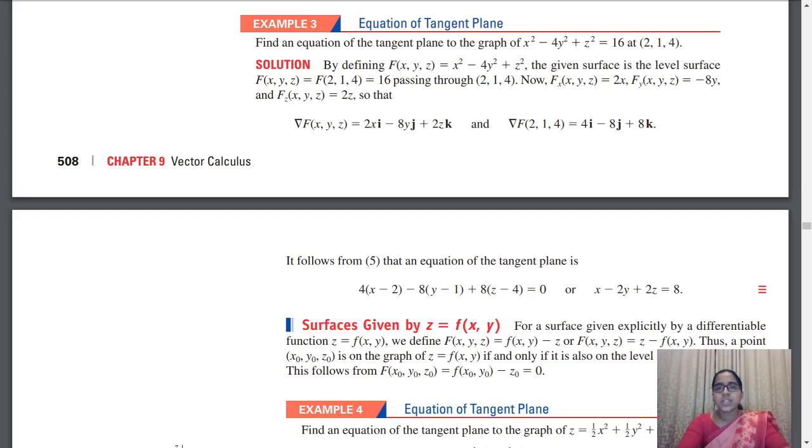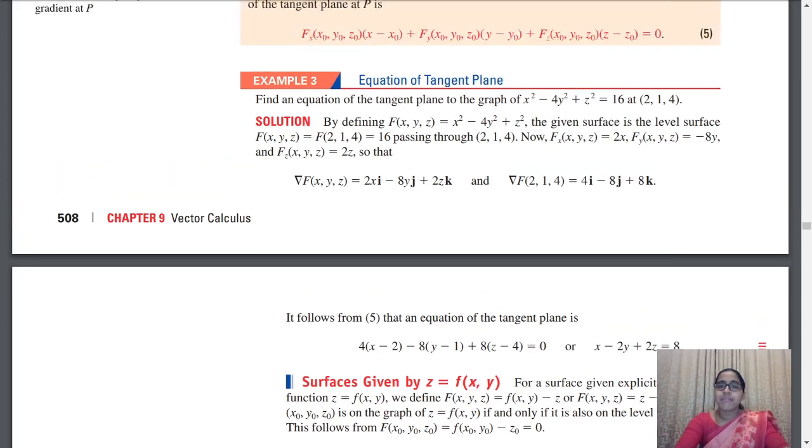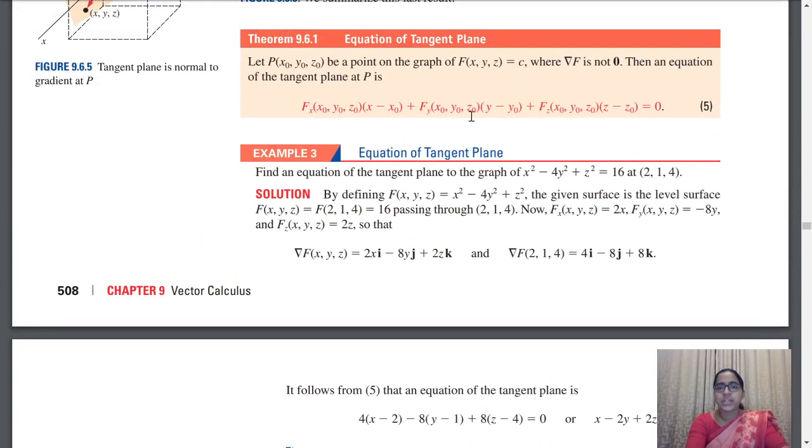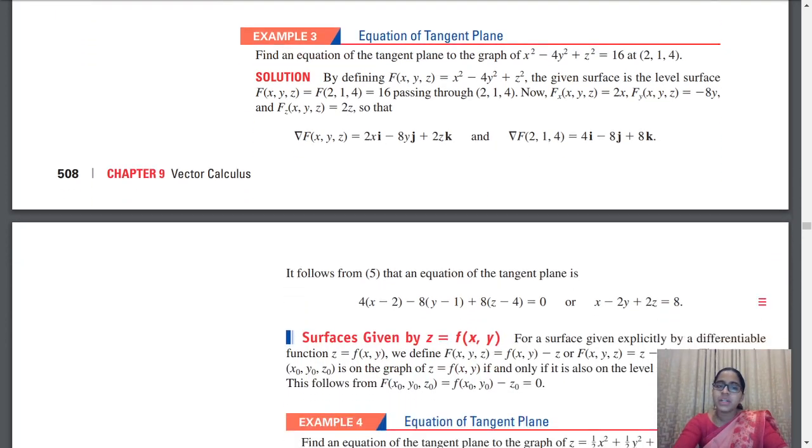Then using the equation fx(x0, y0, z0)(x minus x0) plus fy(x0, y0, z0)(y minus y0) plus fz(x0, y0, z0)(z minus z0) equal to 0, we will obtain the equation of the tangent plane at the given point.